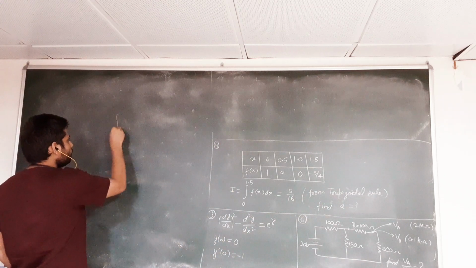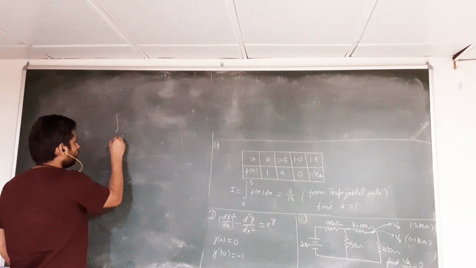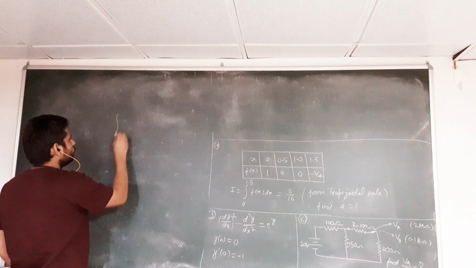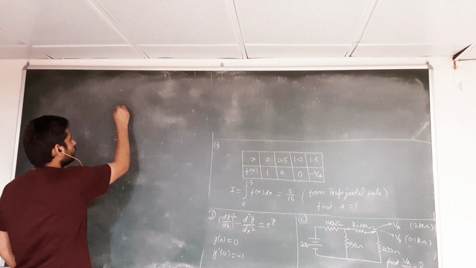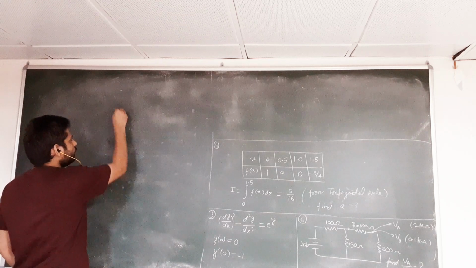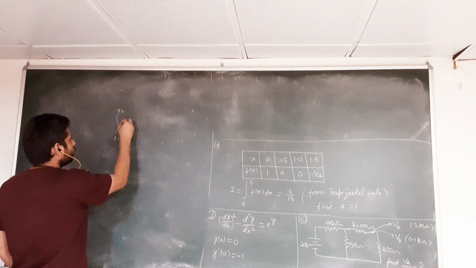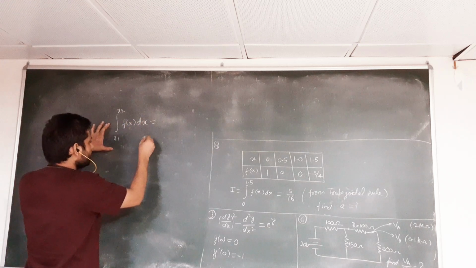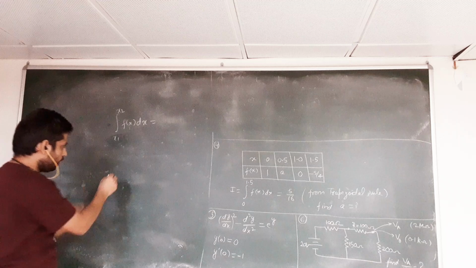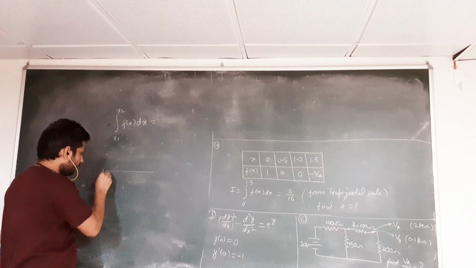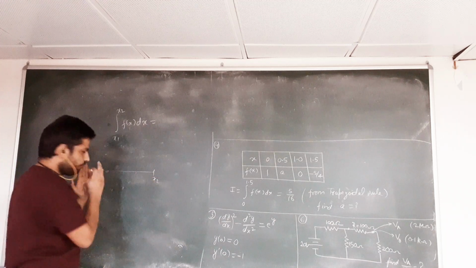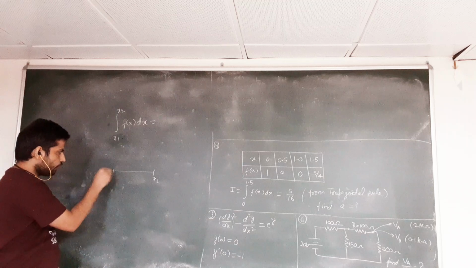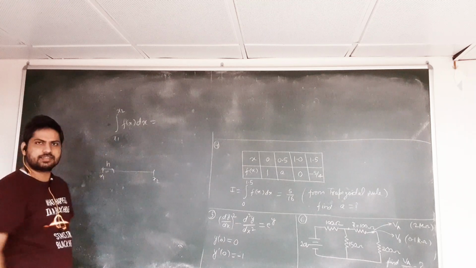It says that if you are solving an integration from, suppose, limit x1 to x2 of f of x dx, you can divide this interval from x1 to x2 into fragments of equal length, suppose the length is h.